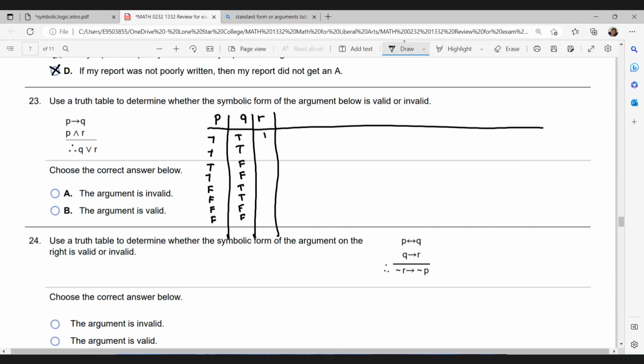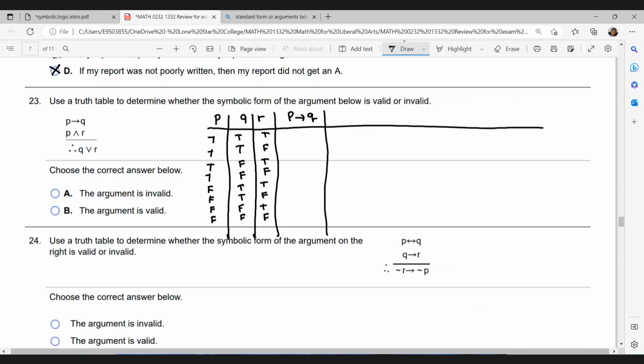Then we have true, false, true, false, true, false, true, false. Okay. And now we just need to begin with figuring this out right here, which will be our first premise.